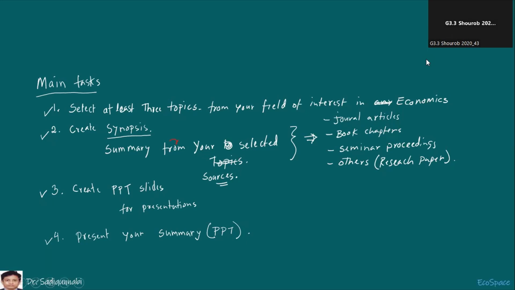Okay. So task number 1 is very easy, right? You have to select your topics of your field of interest in economics. And these are the 4 sources. Okay.